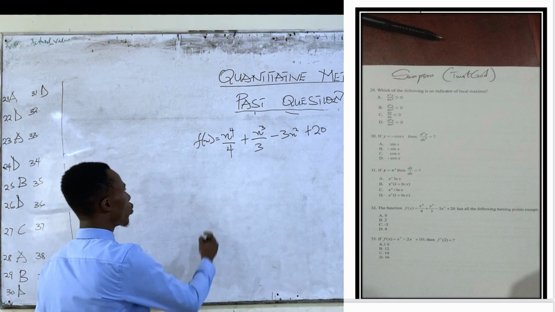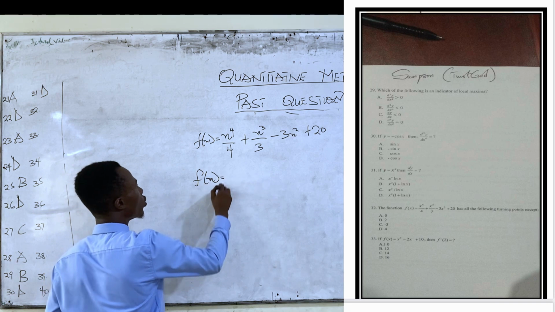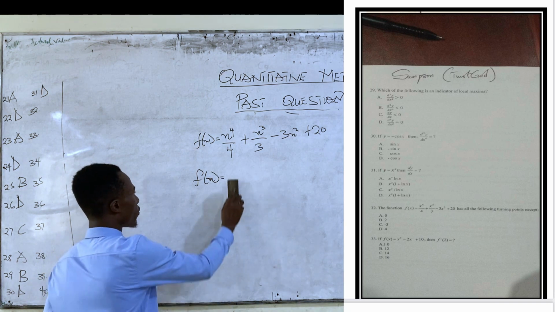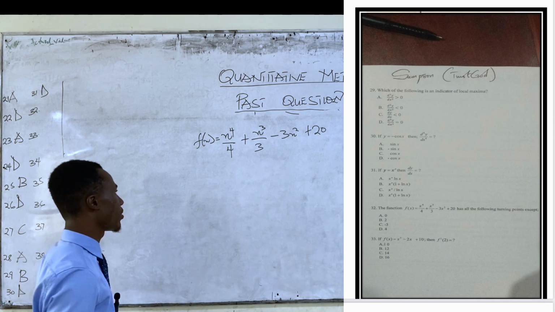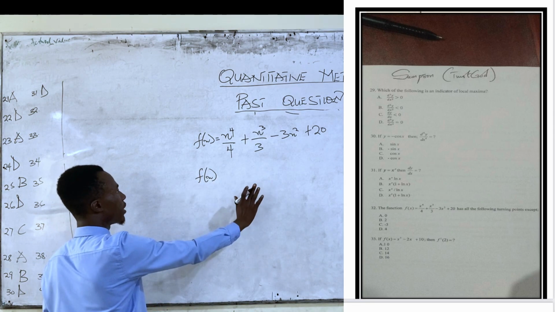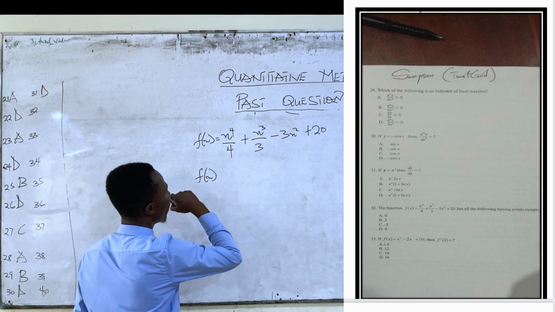0. Okay, so our f prime of x in this case is going to be, let's rewrite them in linear form so that you don't get confused when I'm differentiating them. So our f of x, we are not differentiating it, I'm just rewriting it in linear form.